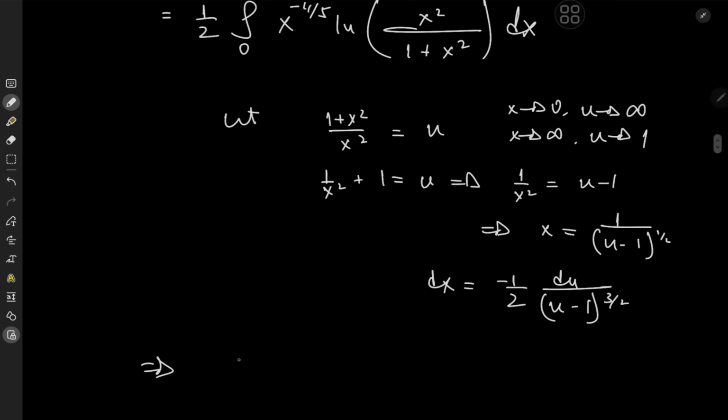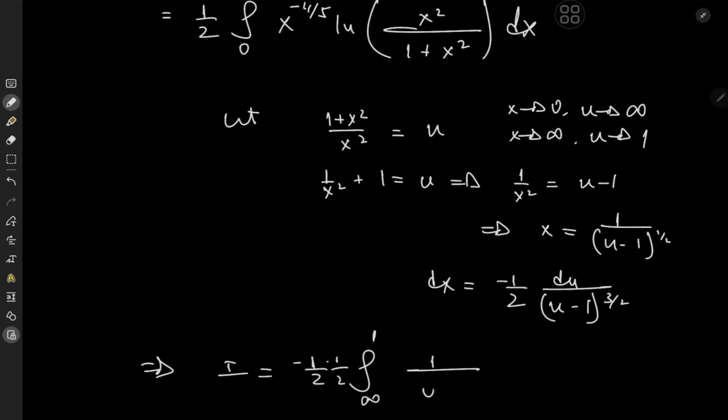And all of this implies that I here equals 1/2 times the integral from infinity to 1 now. And we have another 1/2, but with a negative sign, so I'll write that outside. And we have x to the minus 4/5. So x is this thing over here in the u world.